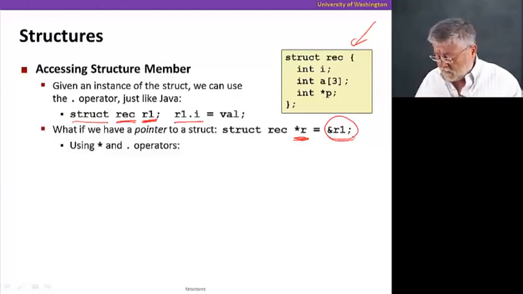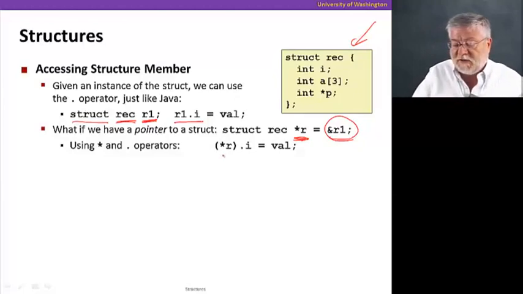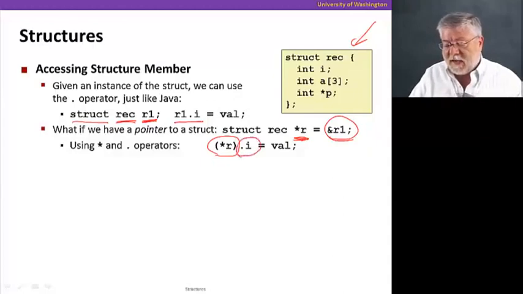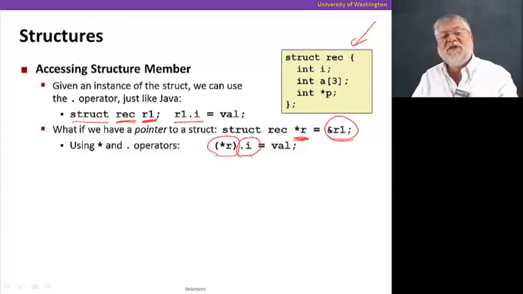We're going to be using the star and dot operators because we first need to dereference the struct pointer, get to the starting location of that struct in memory, and then offsetting that by the position of the member within the struct.